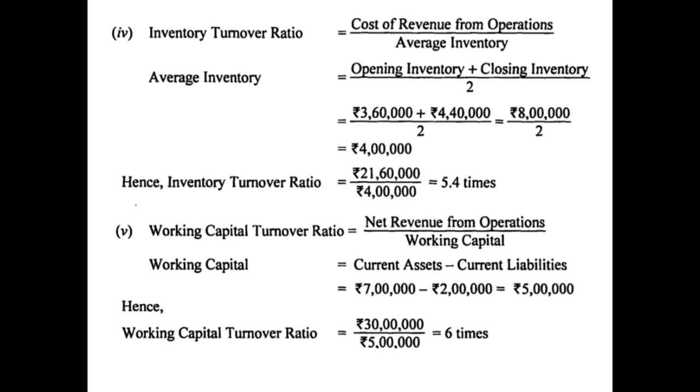So working capital is equal to 7 lakh minus 2 lakh, that is 5 lakh. Hence, working capital turnover ratio is equal to net revenue from operations, that is 30 lakh, upon working capital, that is 5 lakh. That means working capital turnover ratio comes to 6 times.